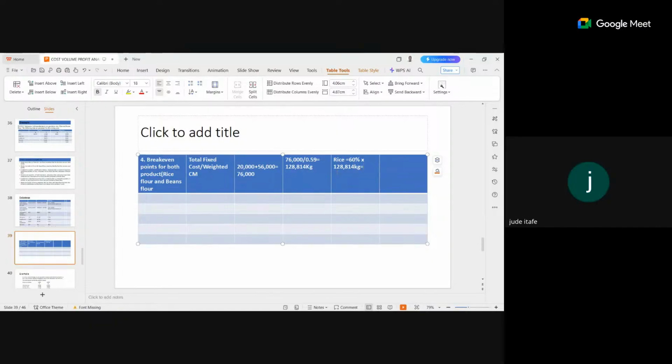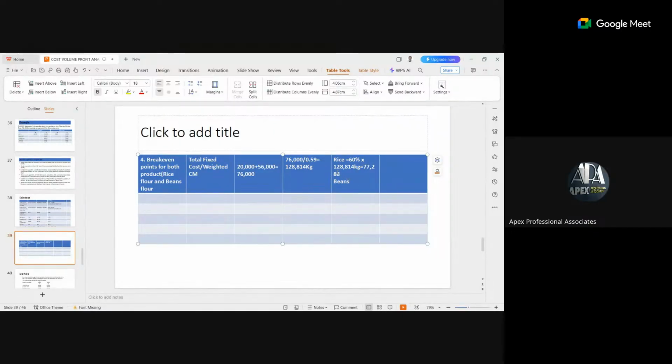So the value will be 77,288.4. Please put the right value.